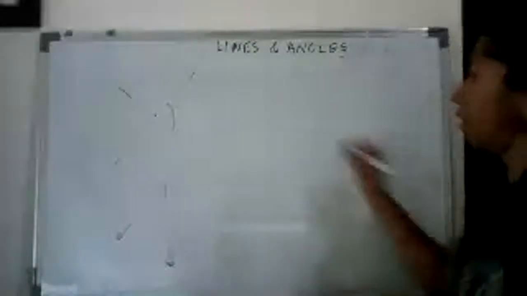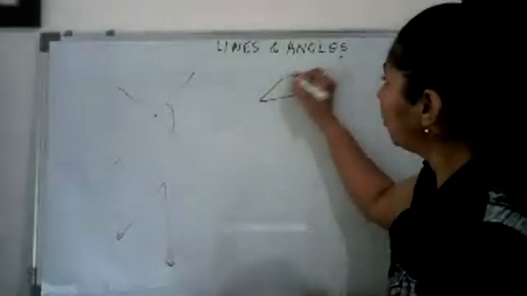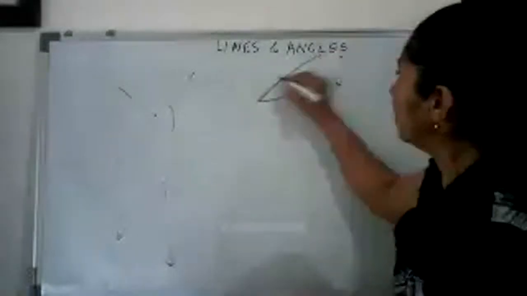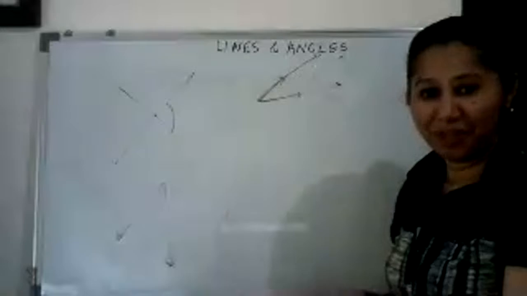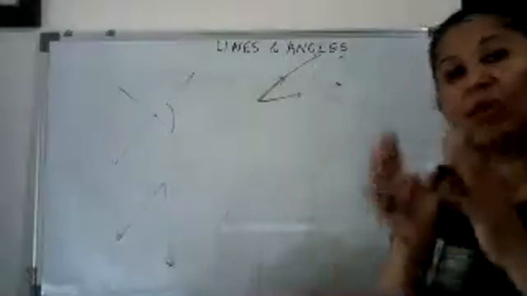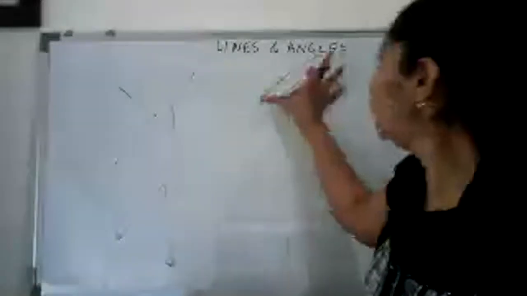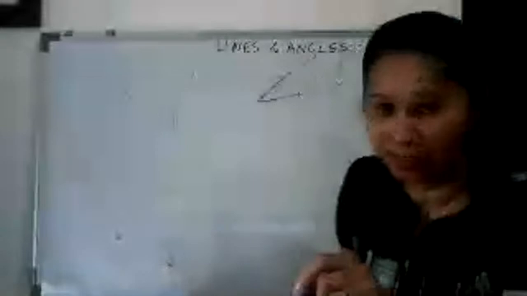I'll say, draw a small angle, so you draw like this. Then I'll say, draw a big angle. This was one small and this was big. So the length of the arm, whether it is smaller or bigger, does not decide the measure of the angle.